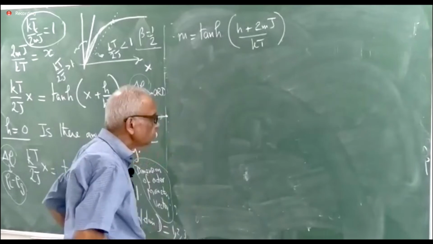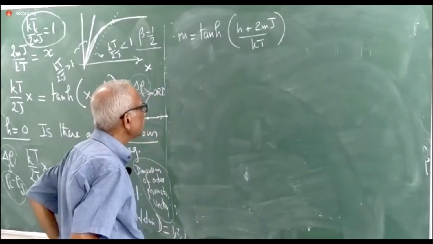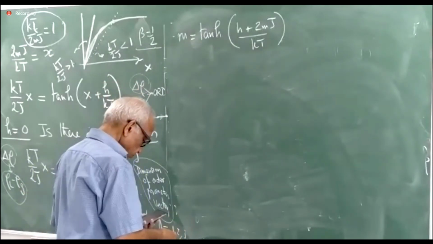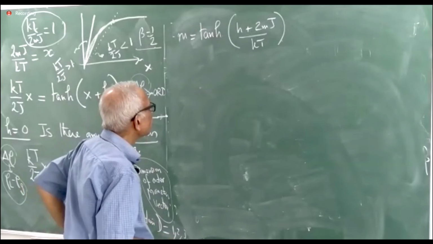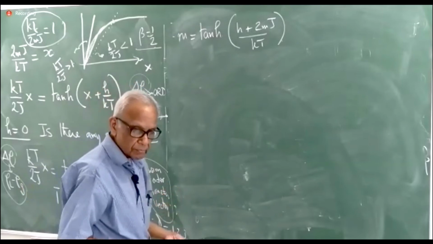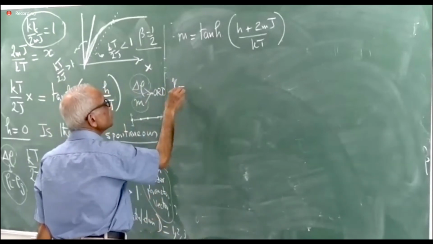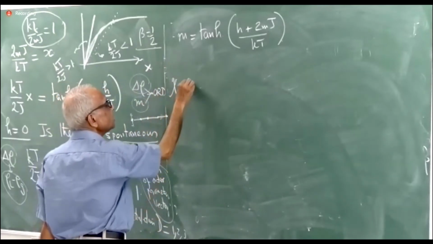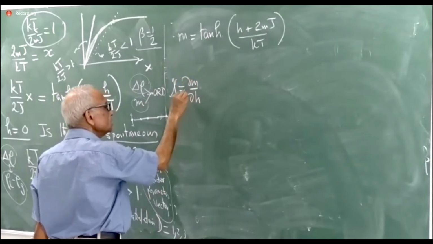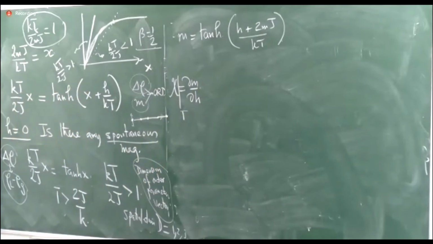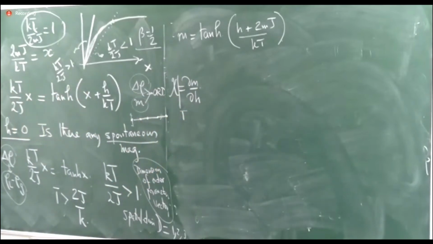So susceptibility, and I have to do del m del h, that is, take a derivative with respect to h. Now susceptibility chi is equal to del m del h. This is the isothermal susceptibility, which means that I'm looking at a fixed temperature and taking the derivative of m with respect to h.